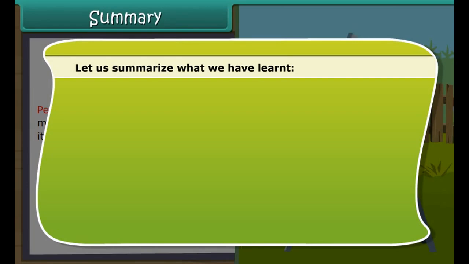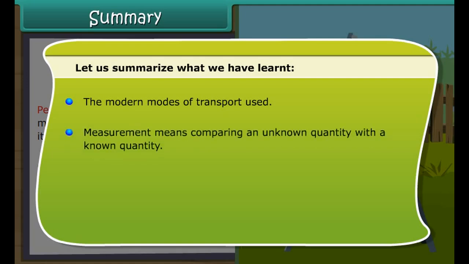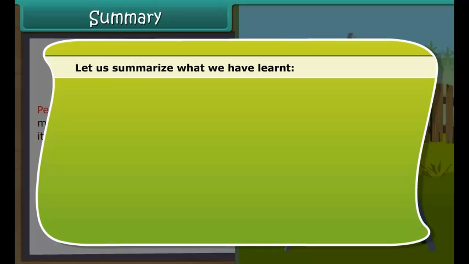Let us summarize what we have learnt. The modern modes of transport used. Measurement means comparing an unknown quantity with a known quantity. The known fixed quantity is called a unit. In the early days, units of measurements included the length of a foot, the width of a hand, and the distance of a step.